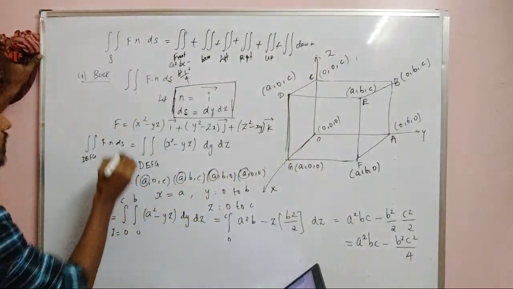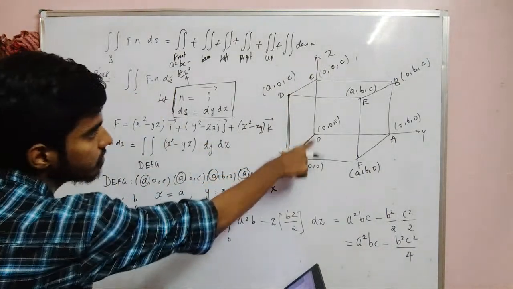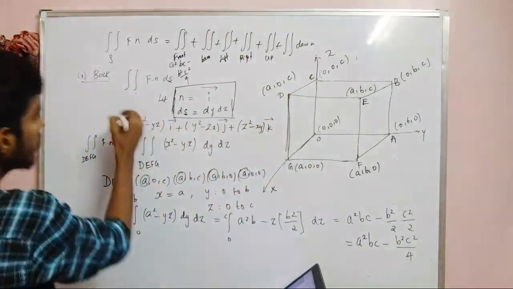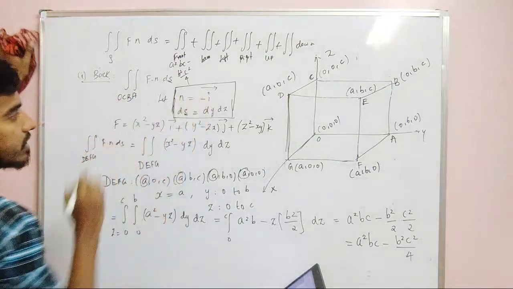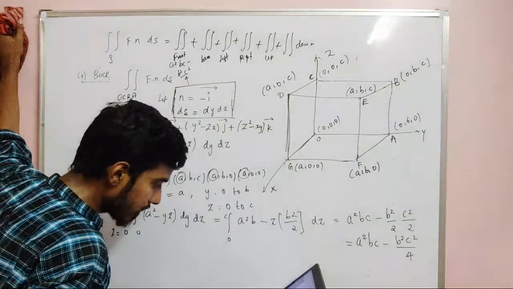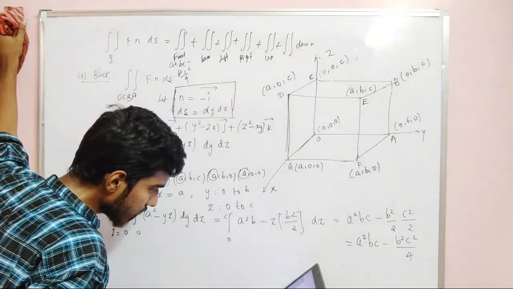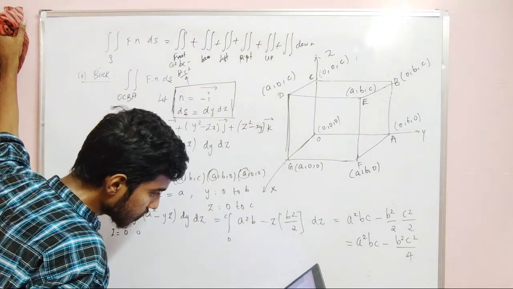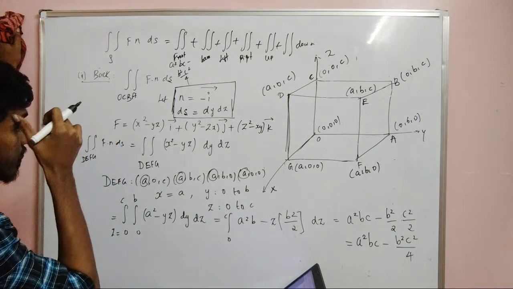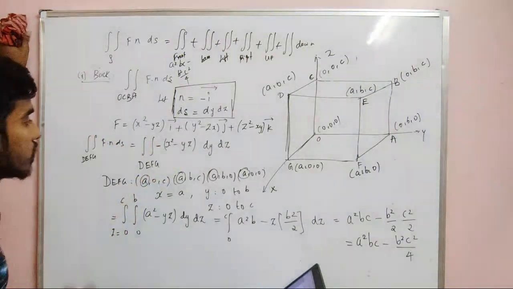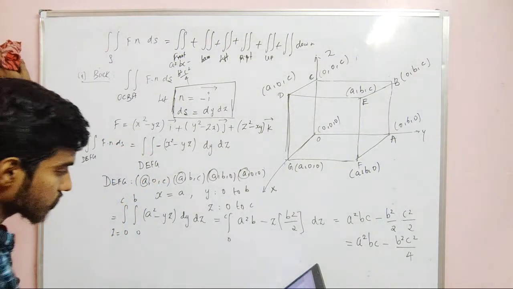So for back our area is OCBA, and our n is minus i, right. Our n is minus i, and ds is the same as dy dz, and f is here, and this will be minus, right. This will be minus.